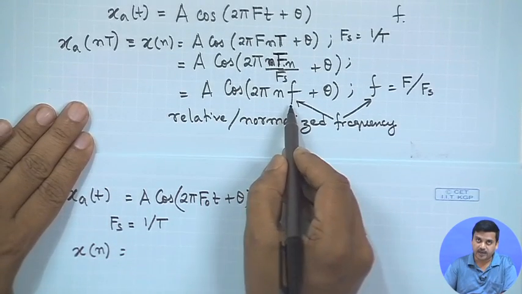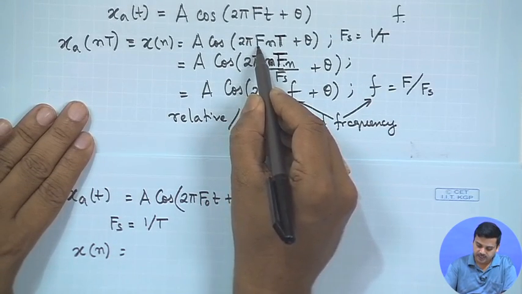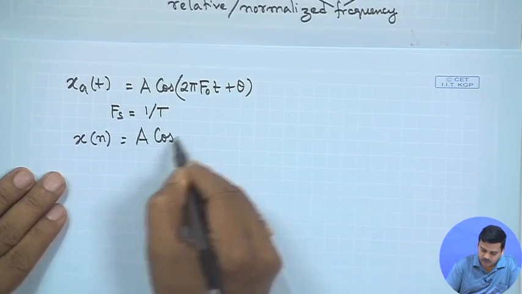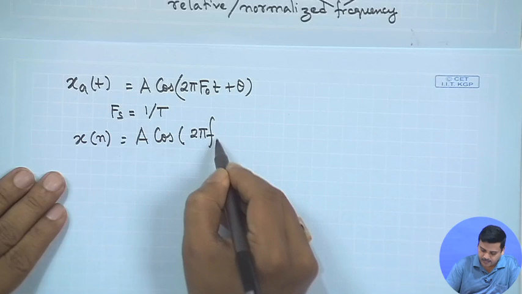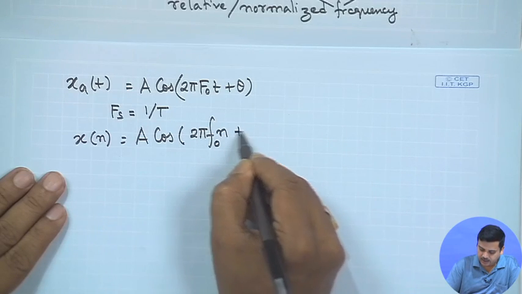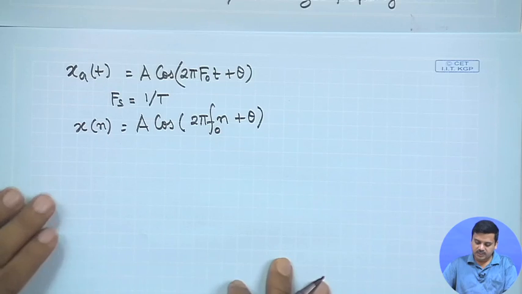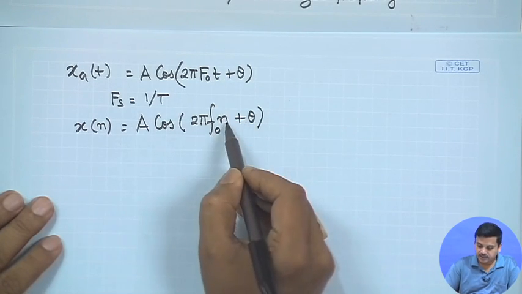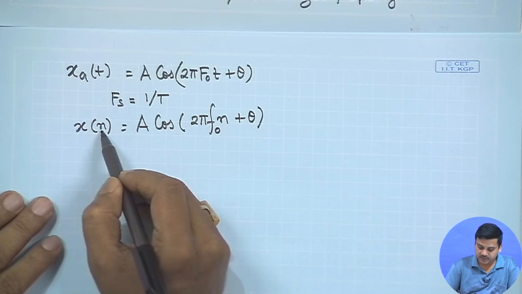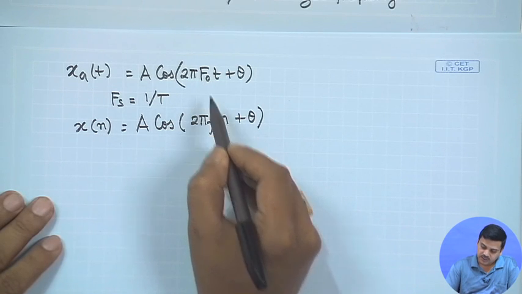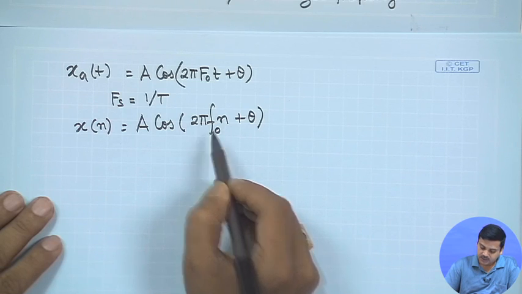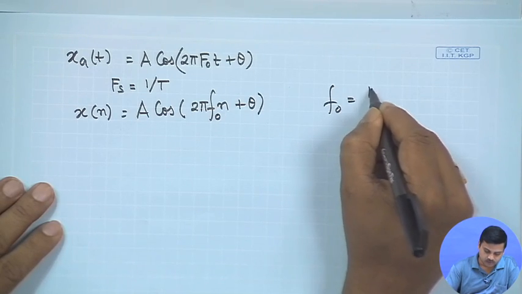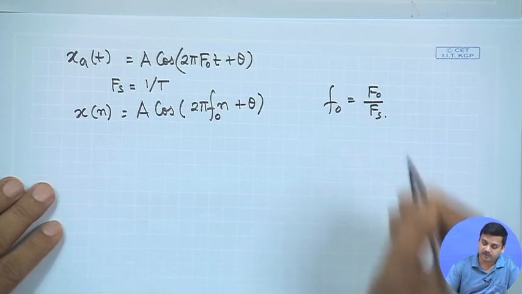Since F is replaced by F 0, our small f would also get replaced by small f 0: A cos 2 pi small f 0 n plus theta. So, what we see is that there is a lot of similarity in these two expressions. However, t is getting replaced by the index n, and capital F 0, which is in hertz, is getting replaced by small f 0, which is in the digital frequency domain, and small f 0 is equal to F 0 upon F s.